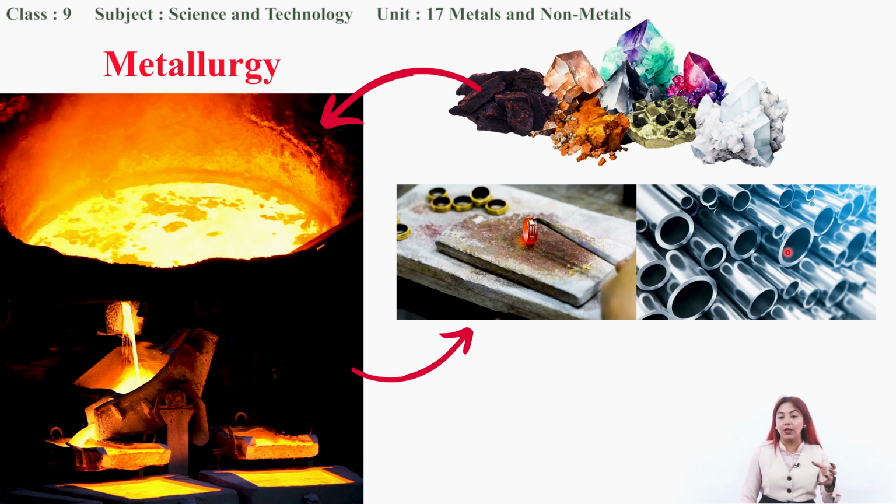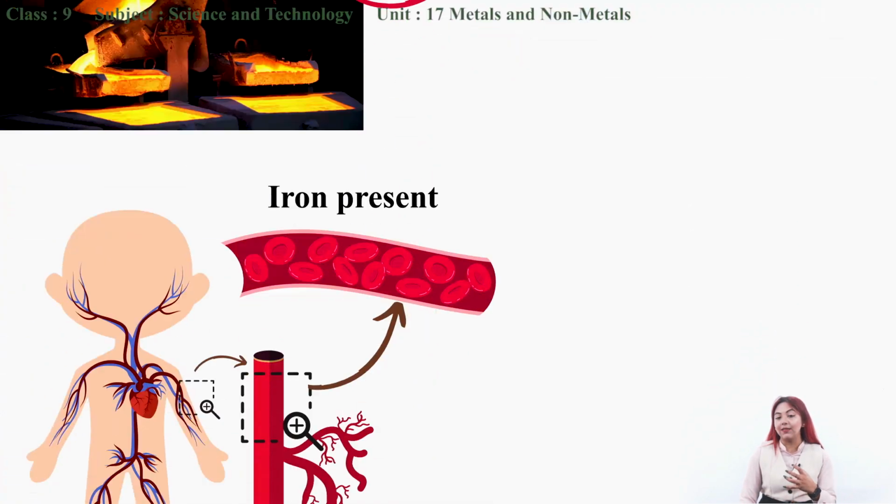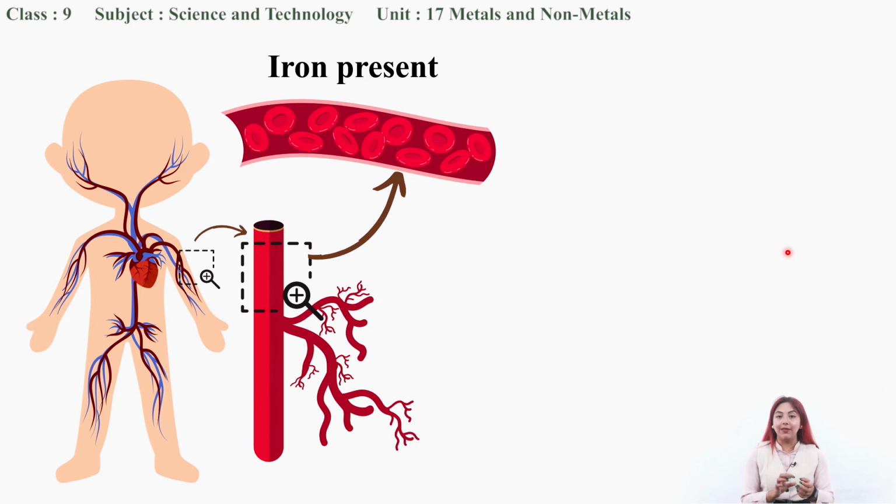But metals are not only found outside of our body. Some of the metals are also present inside the body, such as in our blood, there is a type of blood cell known as red blood cells, the RBCs. And inside the RBCs, we can find a metal, iron. So this iron is present inside the human body as well as the body of animals.